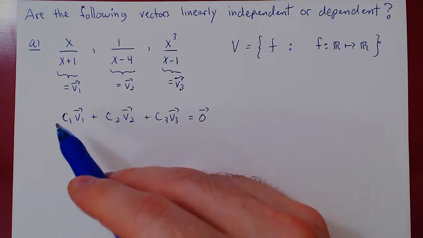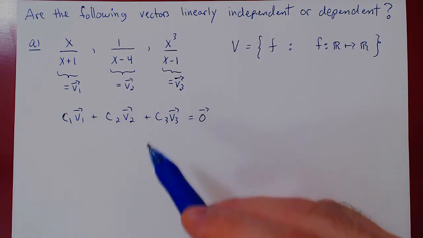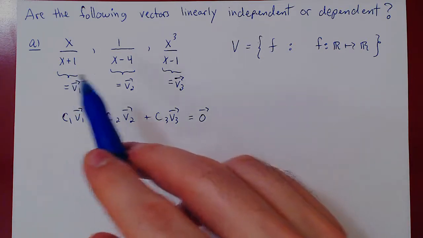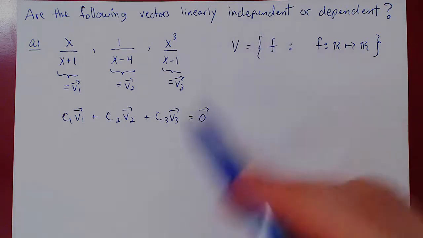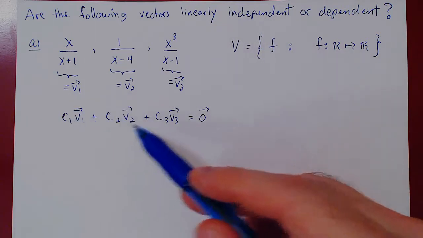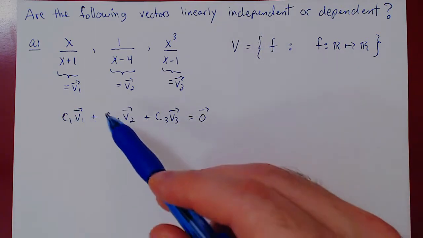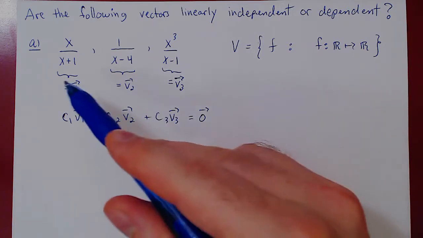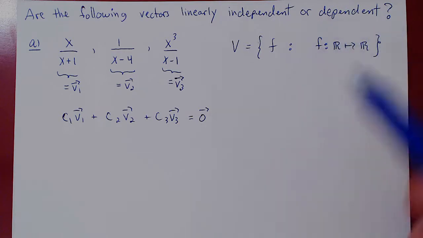So the trivial solution C1 equals C2 equals C3 equals 0 is always a solution. If it is the only solution, then the vectors are linearly independent. If we can find more than the trivial solution, that is one solution where at least one of the coefficients is not 0, then the vectors are said to be linearly dependent.